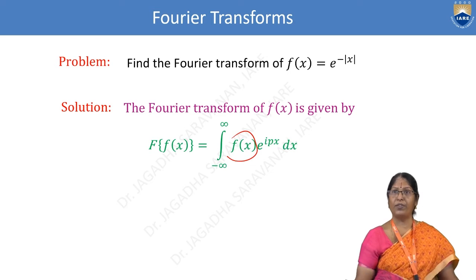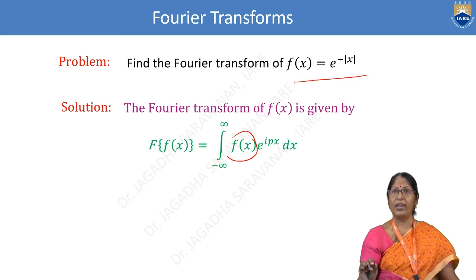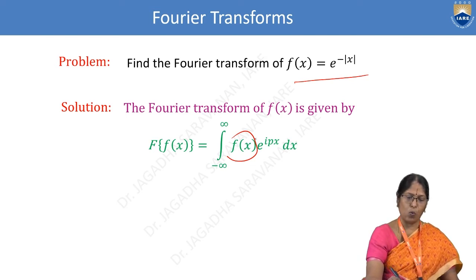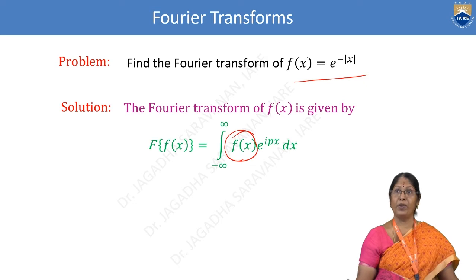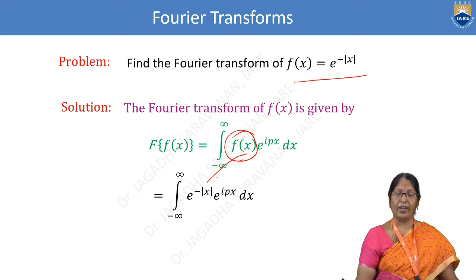There is no change at all in this particular problem because there is no condition about the integral limit values. So we have the formula as it is, minus infinity to infinity. Only f of x should be replaced by our given function. So we replaced it: f of x is e power minus mod x into e power ipx dx.